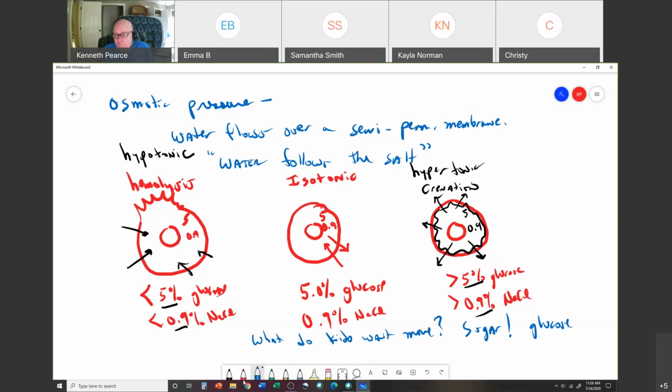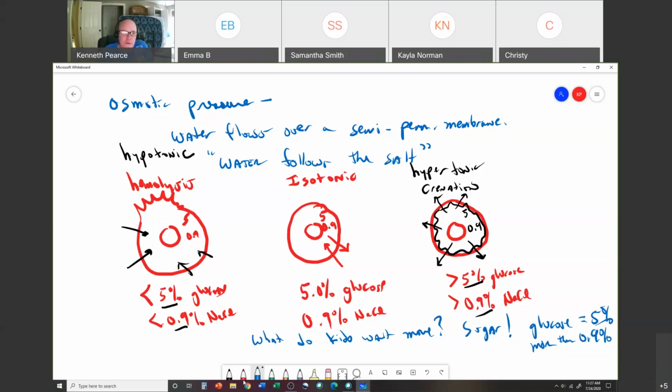Glucose, 5%, more than 0.9%. You see what I'm saying? Glucose is 5%, which is much bigger than 0.9%. What do children want more? They want sugar. They want glucose. By the way, glucose is otherwise known as blood sugar. And so that's what they want.